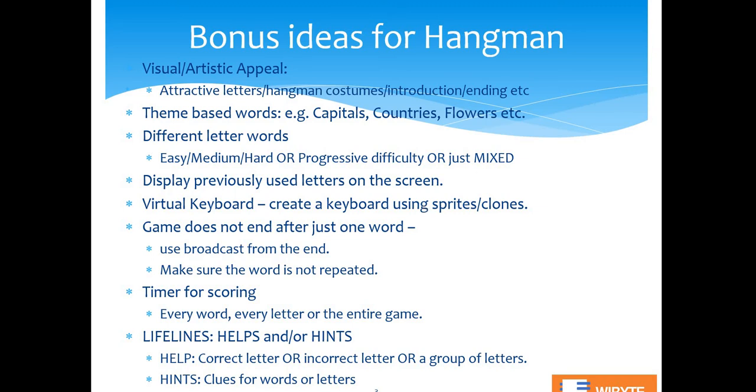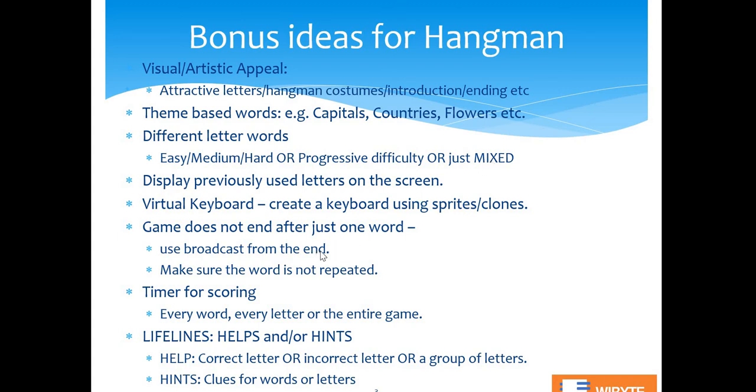Now, moving forward, I can have a situation where the game does not end just after one word, right? So basically, our class game ends when we get one word right or wrong, and that's it, the game is over. But what I could do is have the game going on and on, which means that after celebration, the user gets to do one more word, right? And in fact, that's where this whole thing about progressively difficult or mixed length of words comes in.